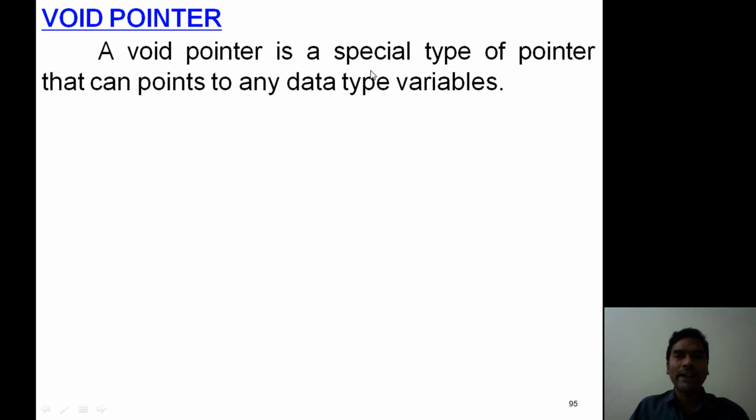Such a special pointer is known as a void pointer. So a void pointer is a special type of pointer that can point to variables of any data type. Now the syntax starts with the data type void. Void is a data type, followed by asterisk and the pointer variable.